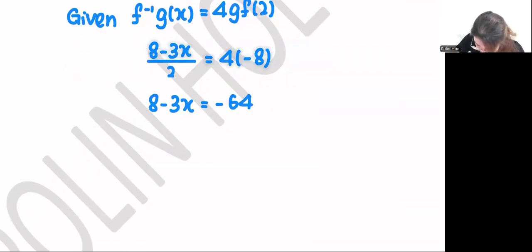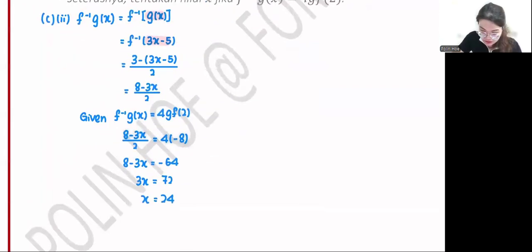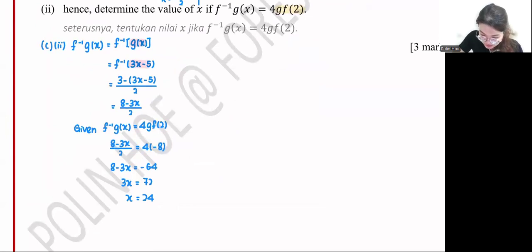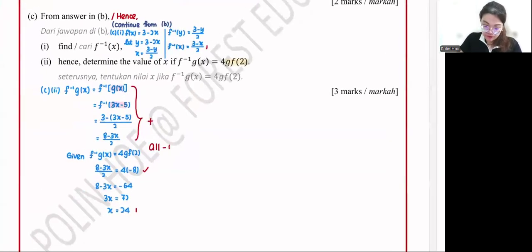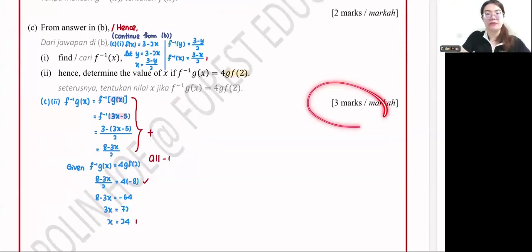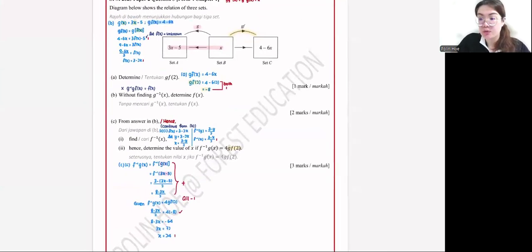I have 3x equals to 72. x equals to 24. Your first mark will be, they want to see how you find everything here, plus this line to get 1 mark. And your final answer, 1 mark. Don't forget your part C, only 3 marks. Okay? So, yes, this is your question 1.